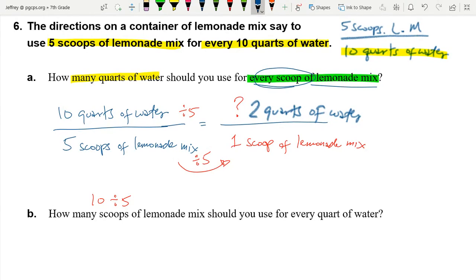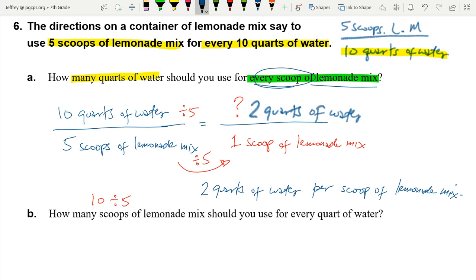So our answer would be 2 quarts of water per scoop of lemonade mix.